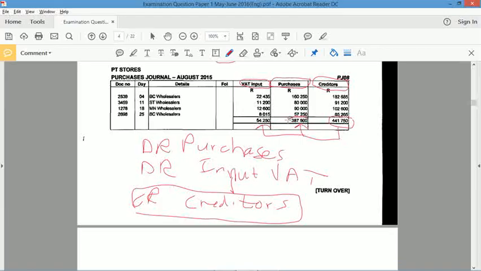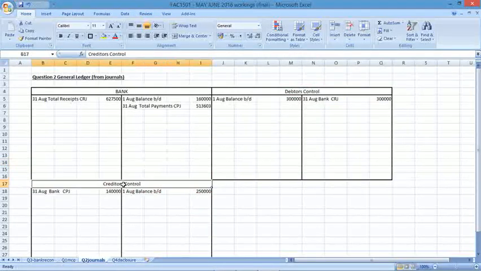Those are two separate accounts that make up the total 441,750, right? Because we're debiting the purchases, we're debiting the input VAT, and we're crediting the creditors. So this total needs to be shown under creditors, but the total needs to be broken up into purchases and input VAT.